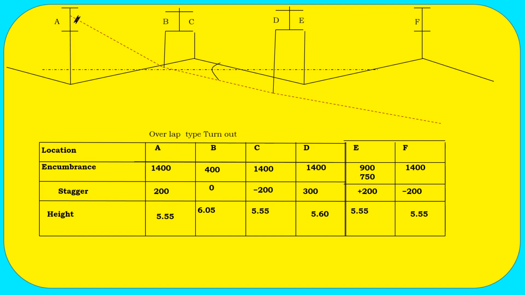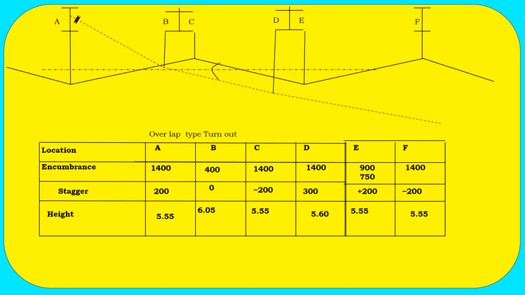The cantilever has caught the mainline OHE and its encumbrance is 1400 millimeter. Stagger is plus 200 and height is 5.55 or 5.60. In the new system they have raised it, so it is 5.60. And here the new crossover turnout OHE has been anchored, shown in red color. It has come to the B point, but what is the height?